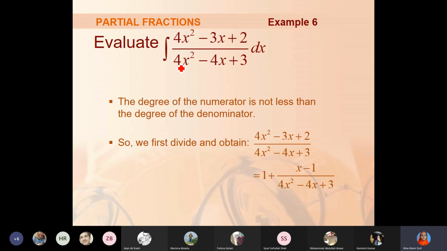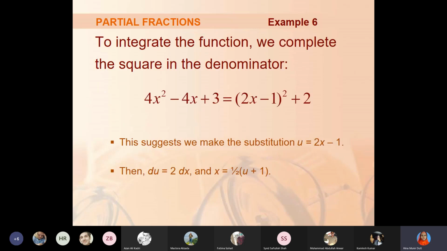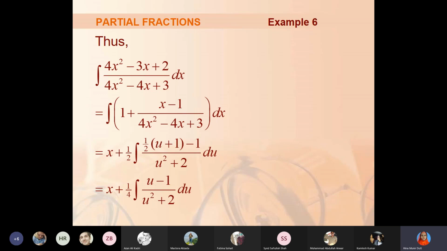Now example 6 is, I have an improper fraction 4x square minus 3x plus 2 over 4x square minus 4x plus 3. Divide it. I will get this after. This is the result of the long division. Now I have to integrate this one. So integration mein I will explain each step and rewrite.